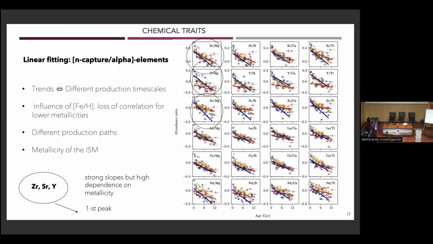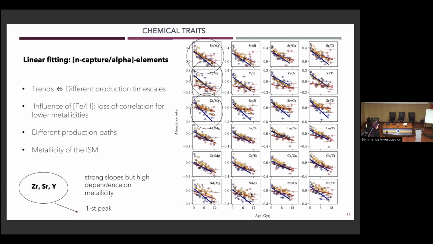For example, this group of elements is heavily dependent on metallicity: the higher the metallicity of the stars, the higher the production of these elements. Therefore, when we jump to the more metal-poor bin, this ratio is kind of losing its slope.